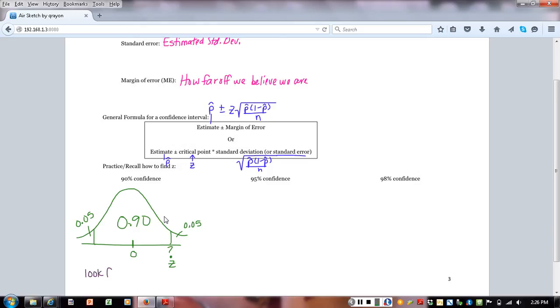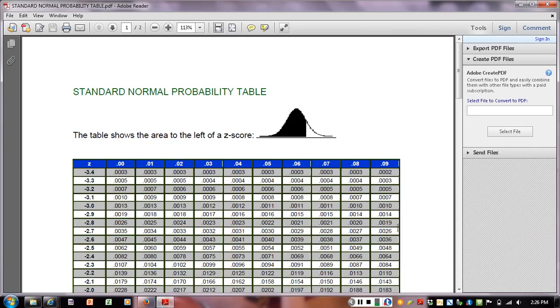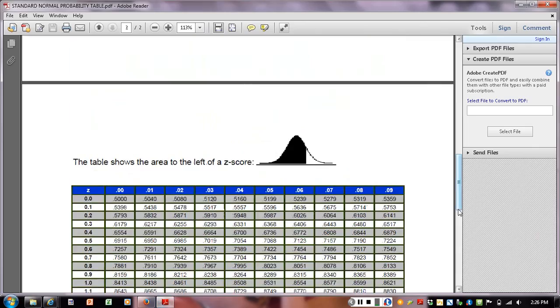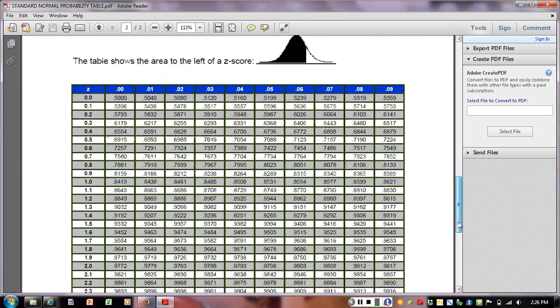When we go to the table, we write down what we're looking for, and we want everything that's just to the left of that question mark. So we want the 0.9 plus the 0.05. So when I actually go to the table, I'm going to be looking for 0.9500. We bring up our table. You can tell from your picture your z is going to be positive.